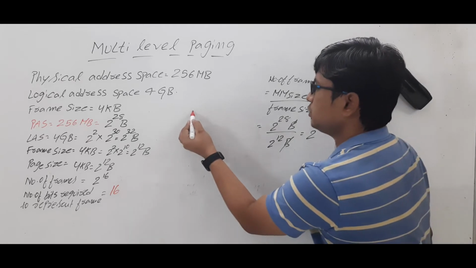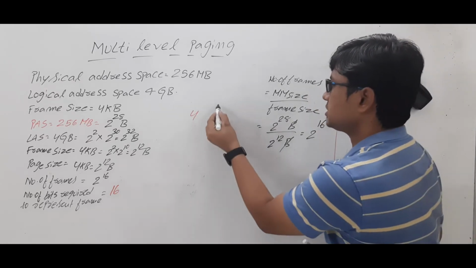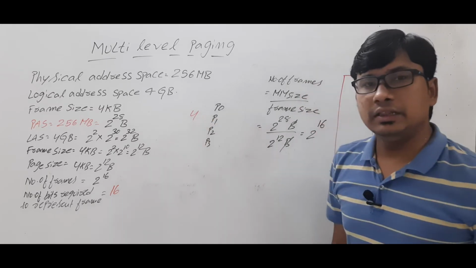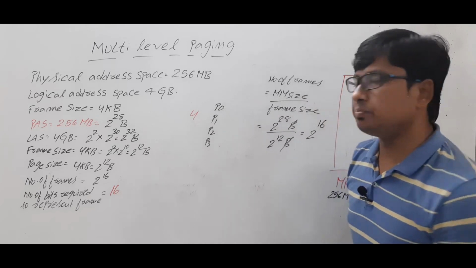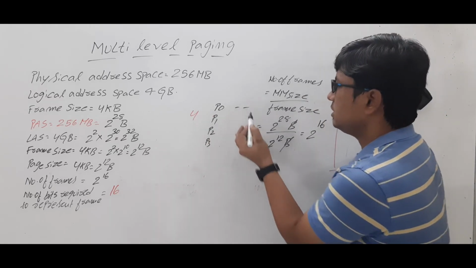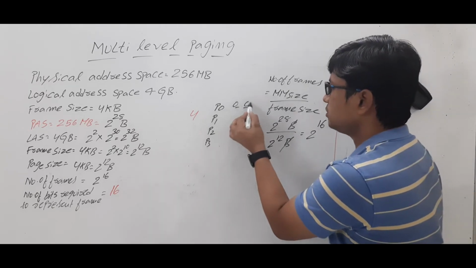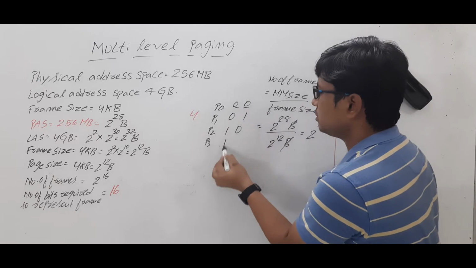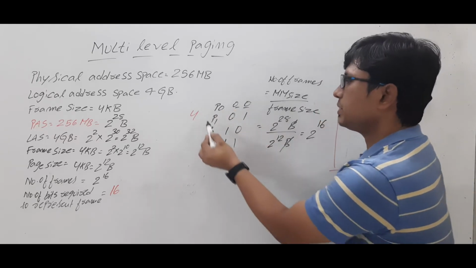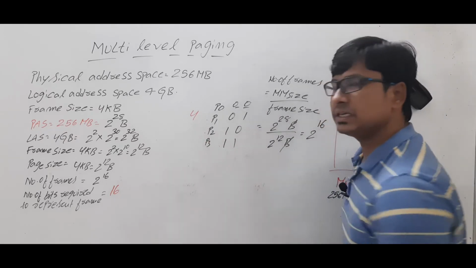Suppose you have 4 pages, such as page number 0, page number 1, page number 2, page number 3. Then how many bits do you need to represent these 4 pages? 2 bits, where each bit will have either 0 or 1. So it will be 00, 01, 10, 11. So 00 is page number 0, 01 is page number 1, 10 is page number 2, 11 is page number 3.